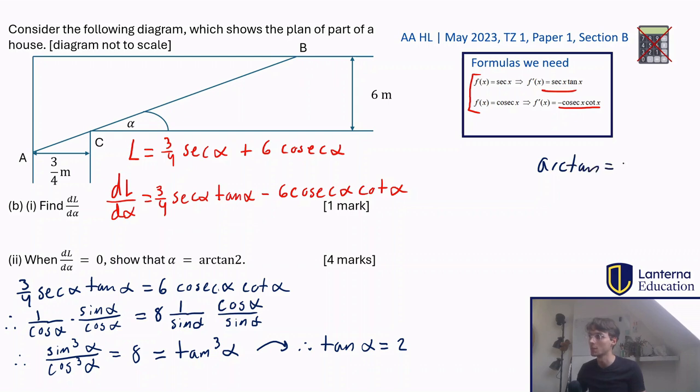Arctan is the same thing as tan to the power of minus 1 of what's inside. So that's the button on your calculator as well. Taking the arctan of both sides, that would then leave us with alpha equals arctan 2. Lovely, 5 marks, just like that. Awesome, let's keep the ball rolling, you guys.